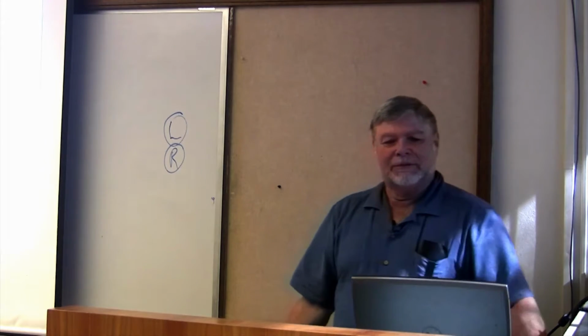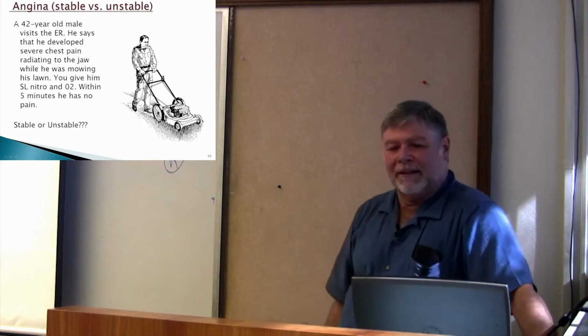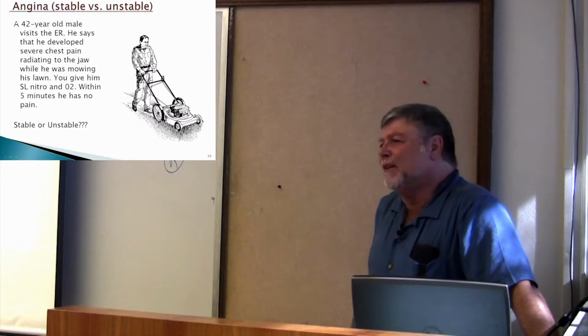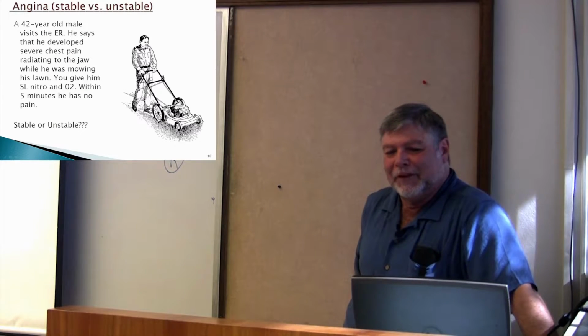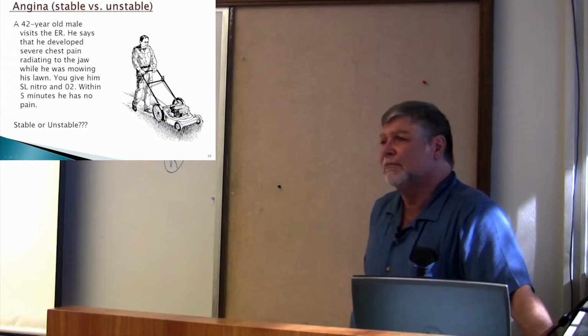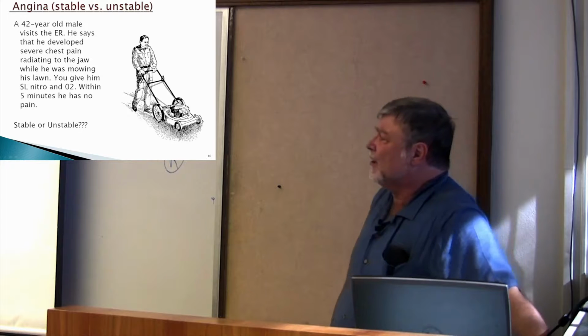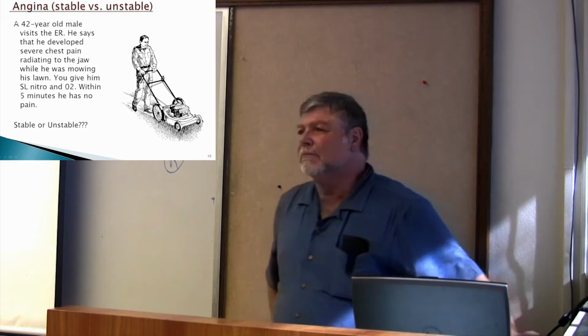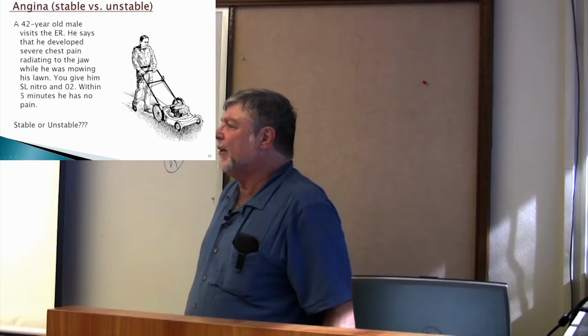Well, okay, so there's two kinds of angina. Well, there's three, but we're only going to talk about two of them today. So Mr. Jones here comes to the ED and he's been developing severe chest pain. He was mowing his lawn. So what's SL nitro? Sublingual, yeah.